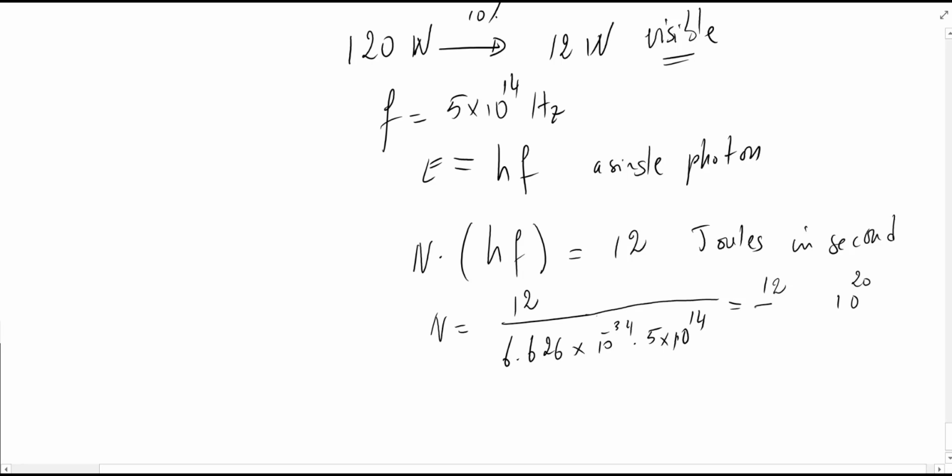At the end I have 12 divided by 5 times 6, that's 30, so it's 3.3. One of these decimal points moves, and now I have 19. So it's of the order of 12 divided by 3, or about 4 times 10 to the power 19 photons per second.